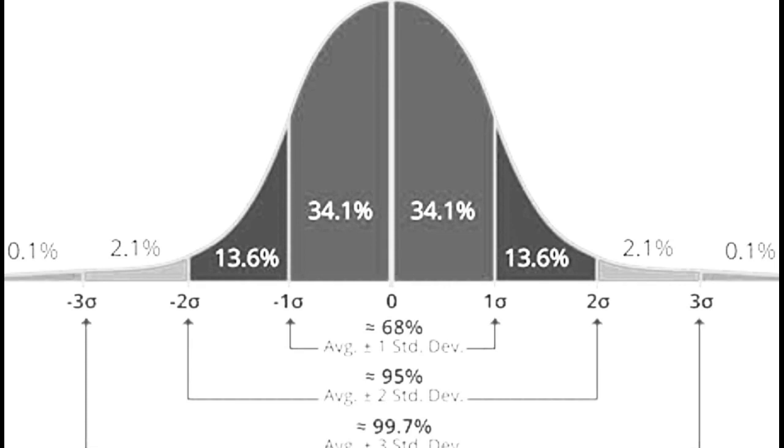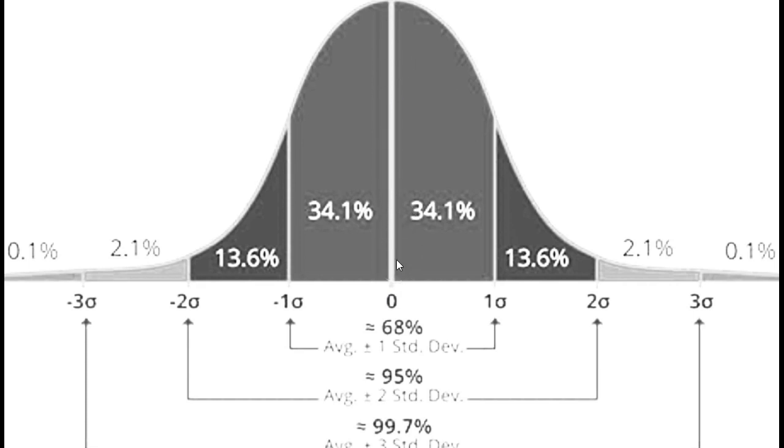What I want you to see here is right in the middle of the bell curve. That would be our median. That would be the same thing on the 15-minute chart as our 20-period moving average, which is the median here.